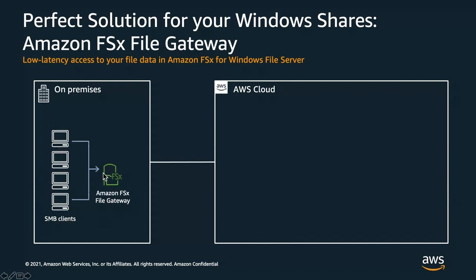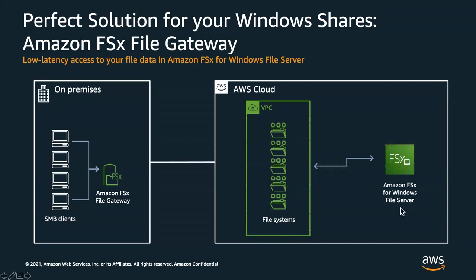What this does is it gives you low latency access to your file data. So it caches the hot data, but in the background, it stores the rest of the data in FSx for Windows File Server. So for your users internally, it seems as if the data is actually resident in your data center and the hot cached data is resident, but the bulk of the data is actually stored in AWS Cloud, in FSx for Windows File Server.